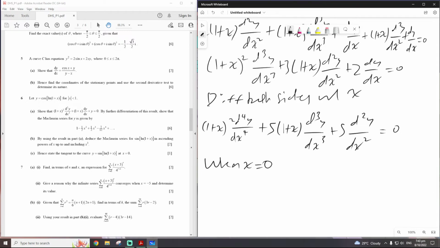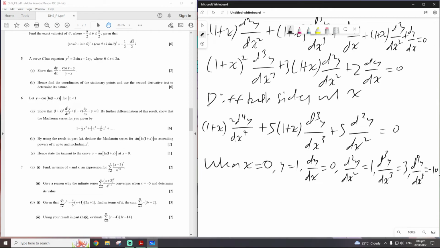So if you work backwards, you get y equals 1, dy/dx is actually 0, d²y/dx² is going to be 1, d³y/dx³ is 3, and d⁴y/dx⁴ is negative 5, sorry, it's negative 10. Yeah, negative 10.